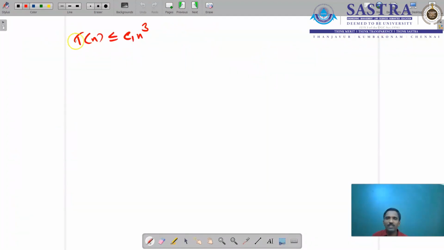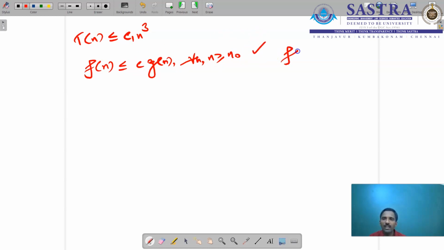This is compared with the definition of big O notation. Already we have seen f of n is less than or equal to c into g of n for all n greater than or equal to n0. If it's so, then we can write f of n is equal to big O of g of n.